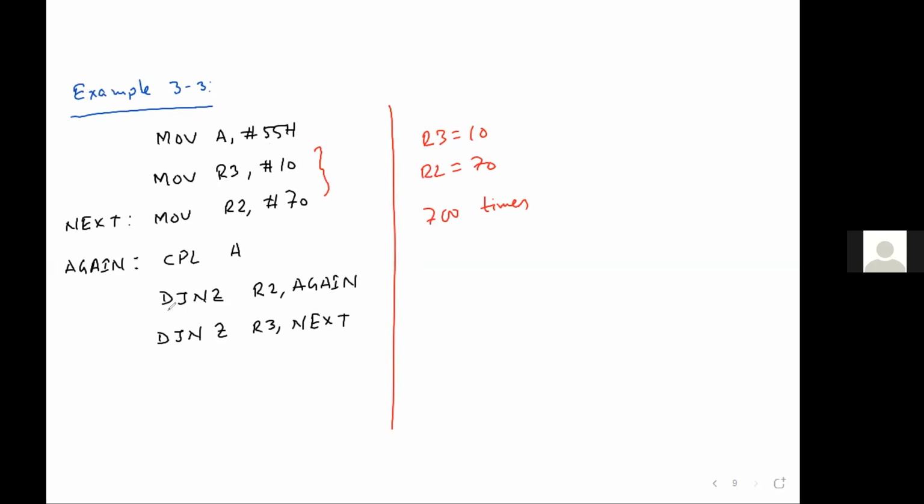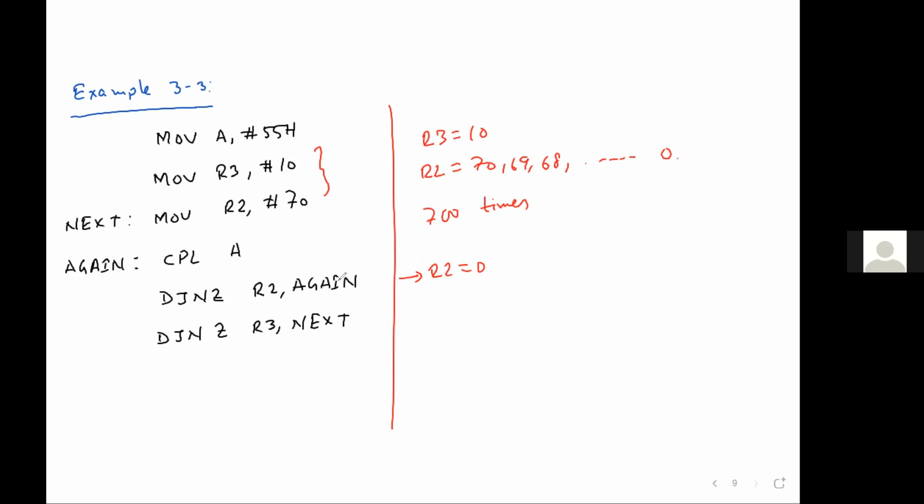Now come over here. Decrease R2 and jump to again if R2 is not 0. So what is the value of R2? R2 value is 70. Now R2 will become 69, it will become 68, and finally it will become 0. Once R2 becomes 0 in this line, remember your R3 is still 10.